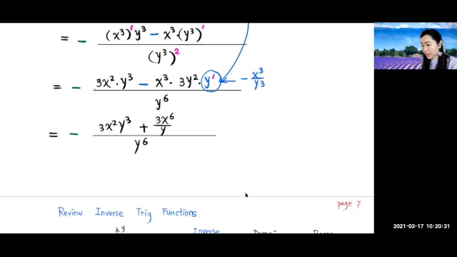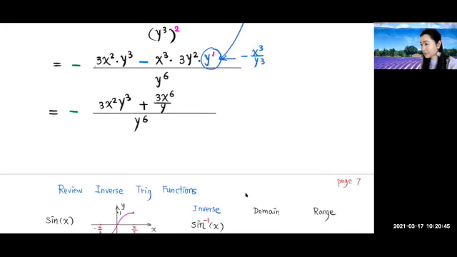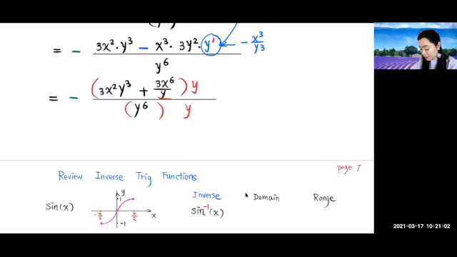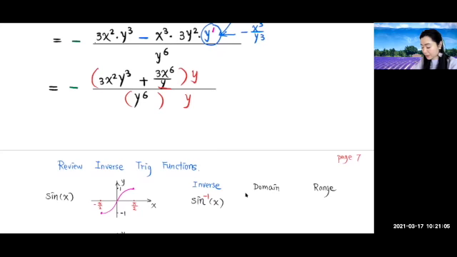Now, how can I simplify this a little bit? This is a complex expression. You have a quotient here and then a quotient. So to simplify this kind of complex expression, we will multiply the numerator and denominator here by y, the LCD, because of the denominator, then this is going to divide out. So it will simplify.